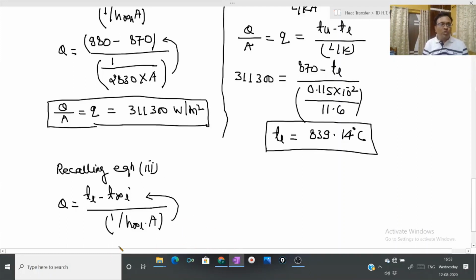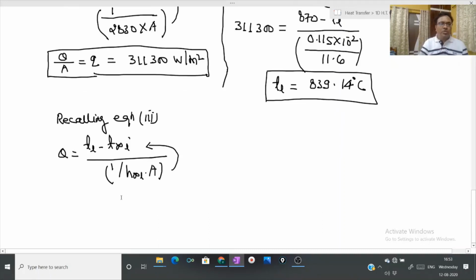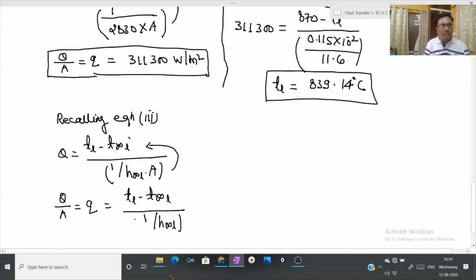It is not known to me, so I will take it to the left hand side, and the equation will reduce to Q over A is equal to TL minus T infinity L over 1 over H infinity L.